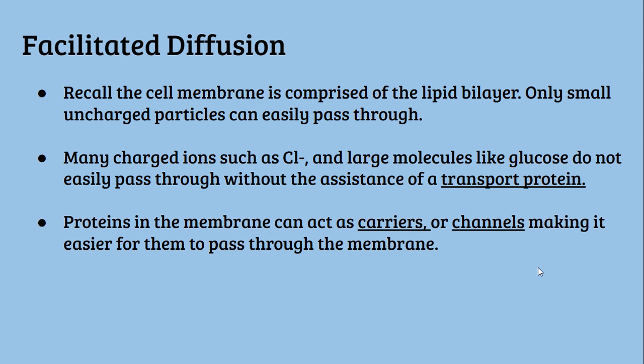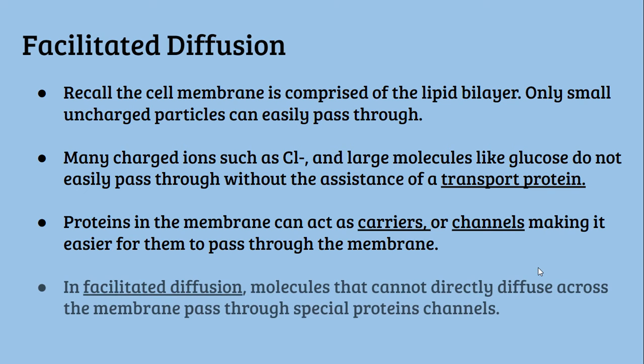Remember, types of transport proteins can be things like carriers that actually change their shape. Some can even simply be channels embedded in the membrane that allow those items to pass through. And so the diffusion of a molecule that uses a transport protein is called facilitated diffusion.